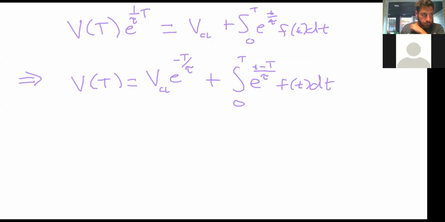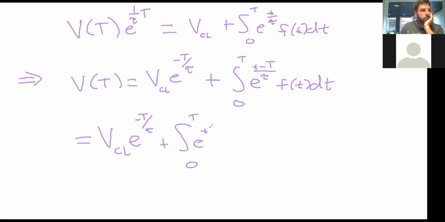Okay, now what I'm going to do is plug what F is into this expression. So what is F? Well, we told you it's this V sub CL over tau, and then it's plus your I, your current input, your stimulus, divided by the surface area over Cm.